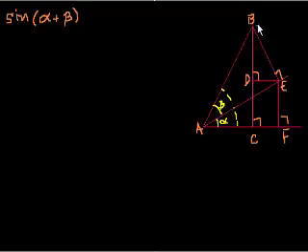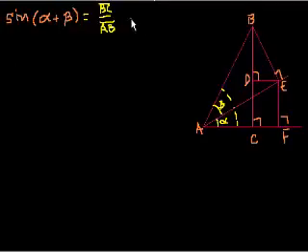If we use this right triangle, triangle BAC, opposite is BC, over the hypotenuse, AB. So BC over AB is the sine of alpha plus beta.